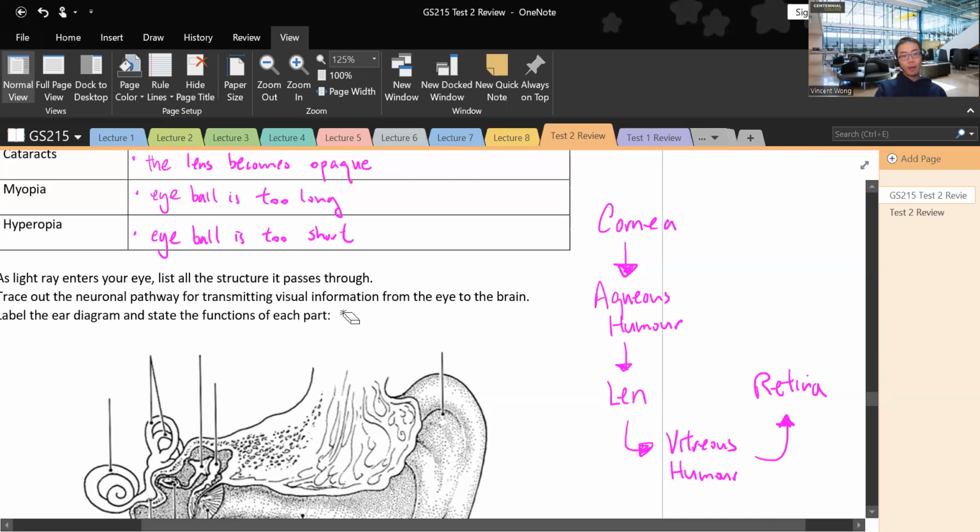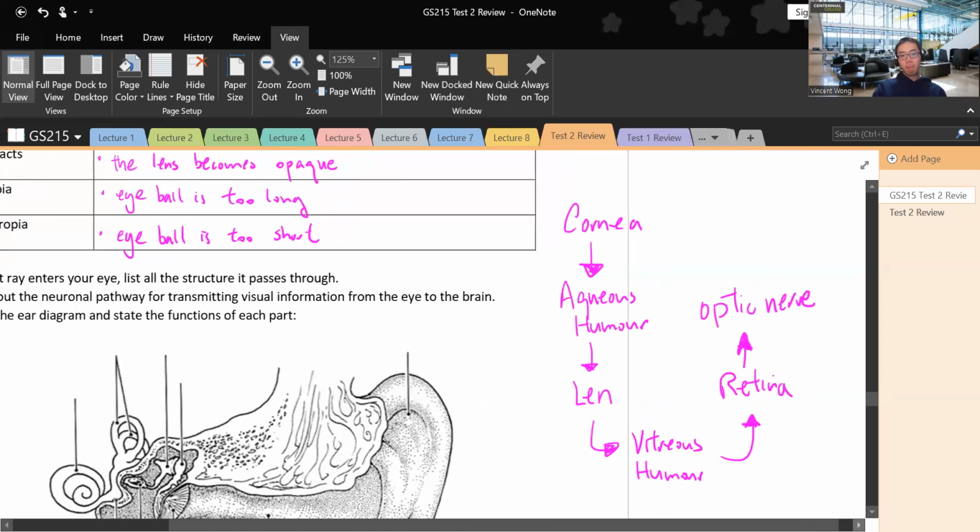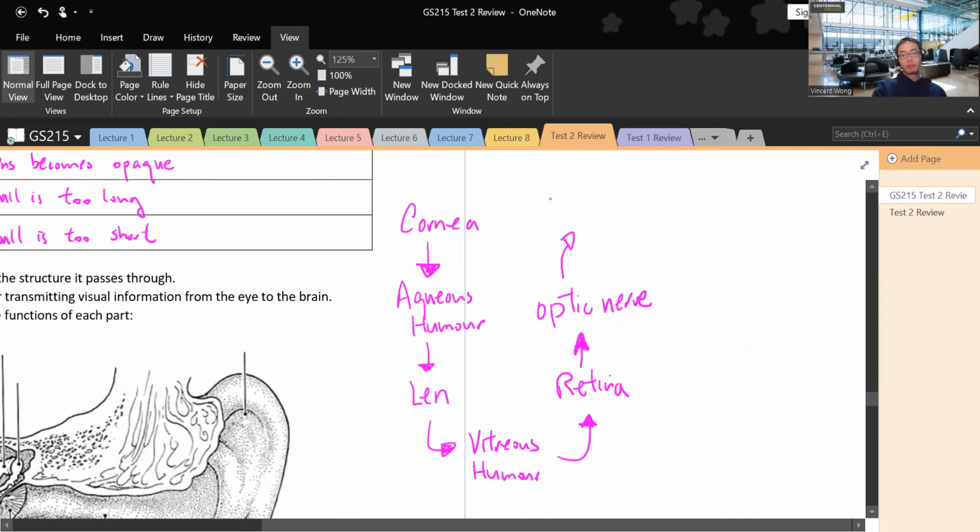Now for the neuronal pathway, right? After the retina, you're going to hit all the cone cells and the rod cells in the retina, and then it's going to go through the optic nerve. The optic nerve will cross in the middle at the optic chiasma, which then continues on to the brain through the optic tract, past the thalamus, and eventually to the occipital lobe.